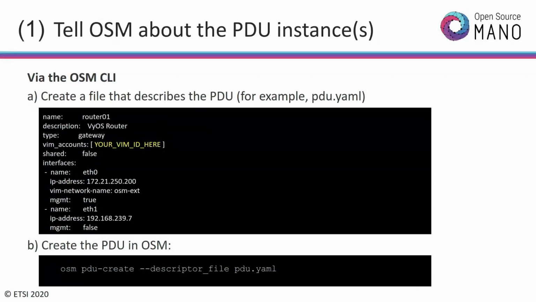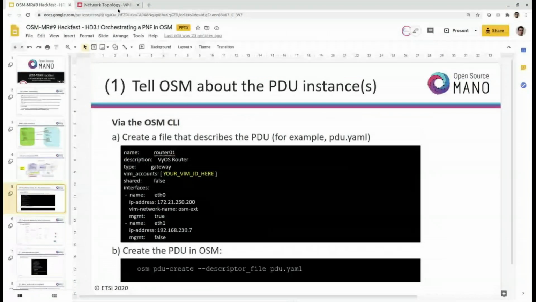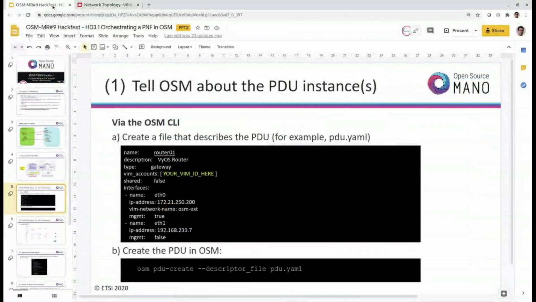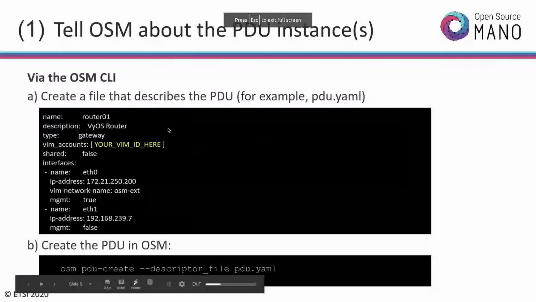Because when you instantiate or get access to a PNF, you will want to configure it, and OSM would need to know to which IP to go and run the proxy charm, for example. So this is the IP address that it will take if you define management true, and this is the IP address that it actually has in OpenStack, in the NFDI. So it's important that you define the management true parameter.